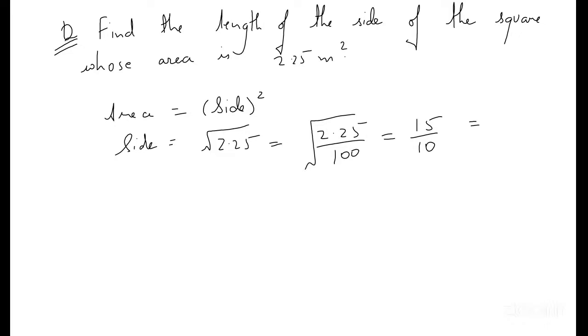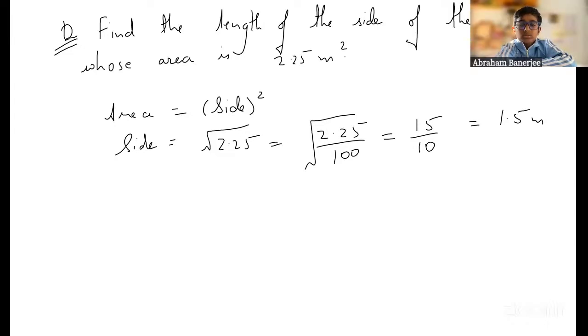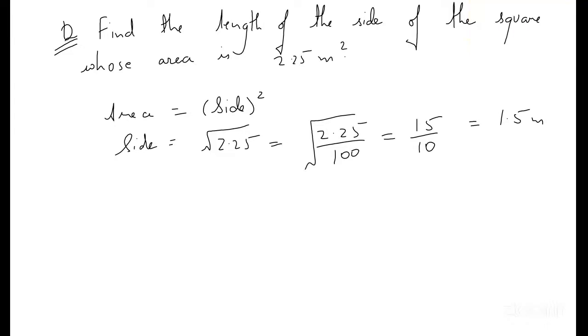Why don't I completely cancel and just move on? Because I have the area in decimal, so we will find the answer in decimal. 1.5 meter. We'll find the length in decimal itself. So 1.5 meter.